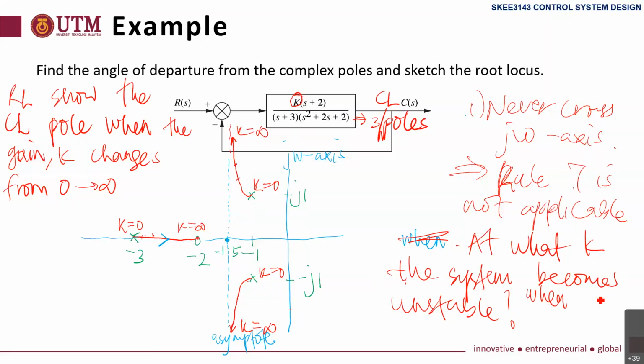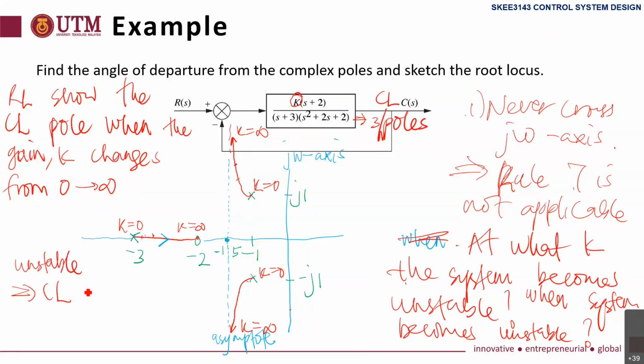The system becomes unstable at the right half plane. The system becomes unstable if we have a closed loop pole at the right half plane.